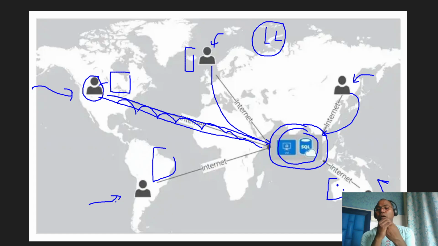So the objective of low latency is that our application is deployed in such a way that, whatever region the customer is in, the customer is able to access it from the nearest location, so that the customer gets a quick response.